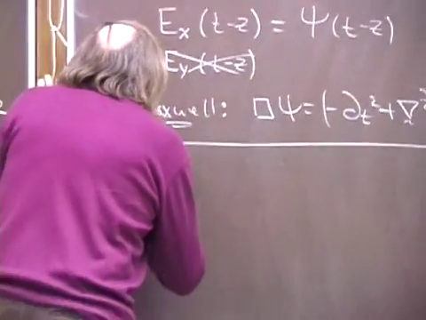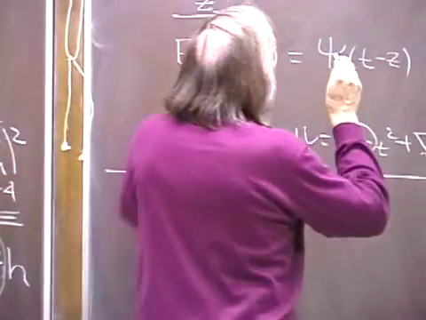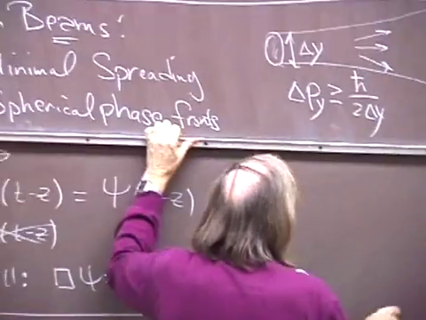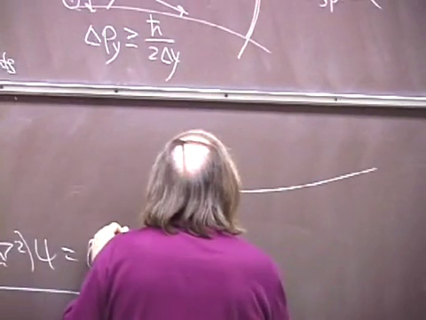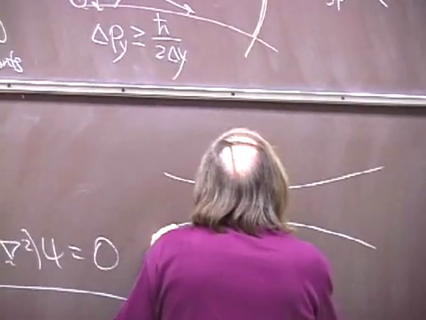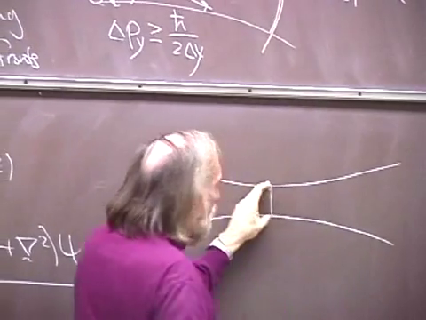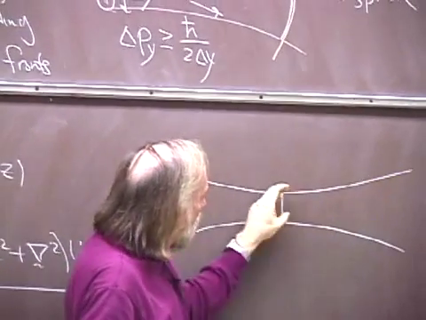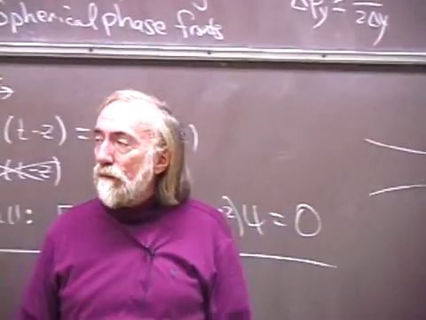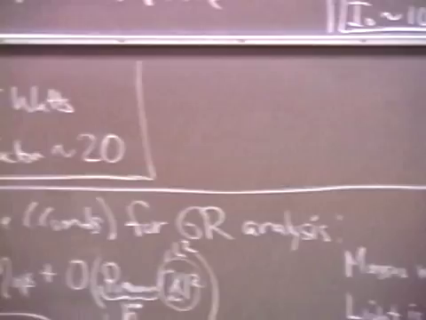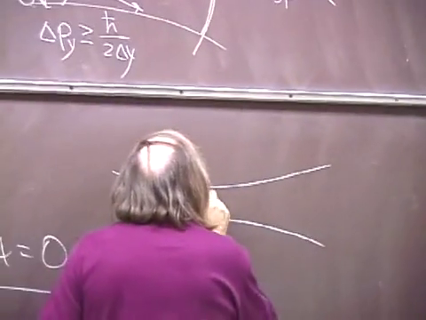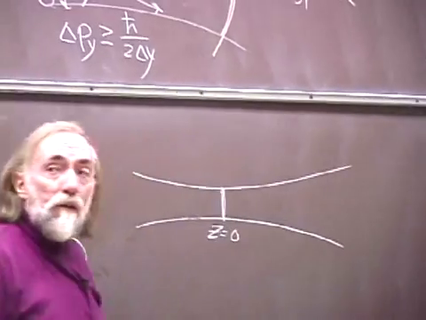And it has the form. Let me first draw a picture of the profile of this beam. It looks something like that. There is some waist location where it has its minimal size, and it's going to spread going to the right and spread going to the left, as, for example, in the cavity that I sketched over there. Let me call z equals 0 this plane where it has its minimum size.